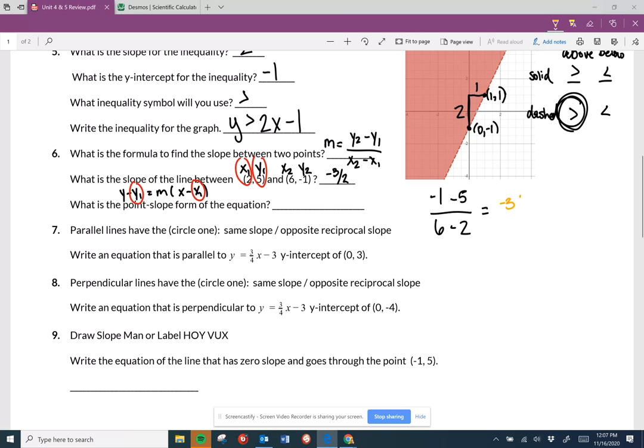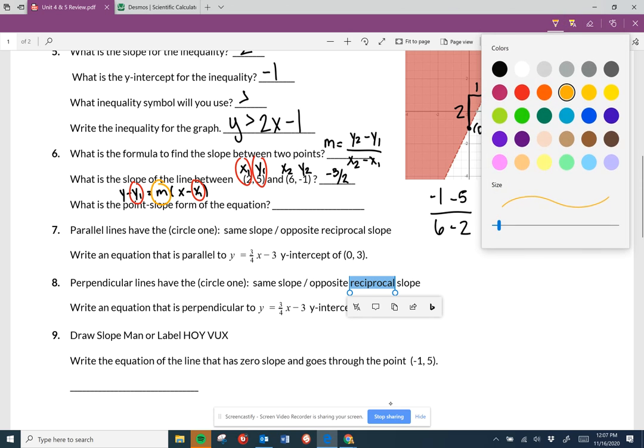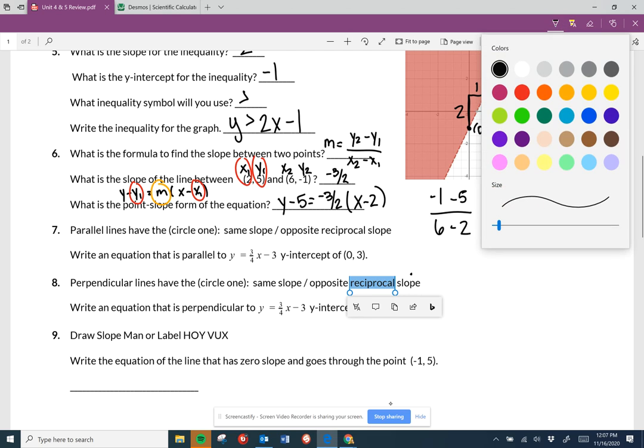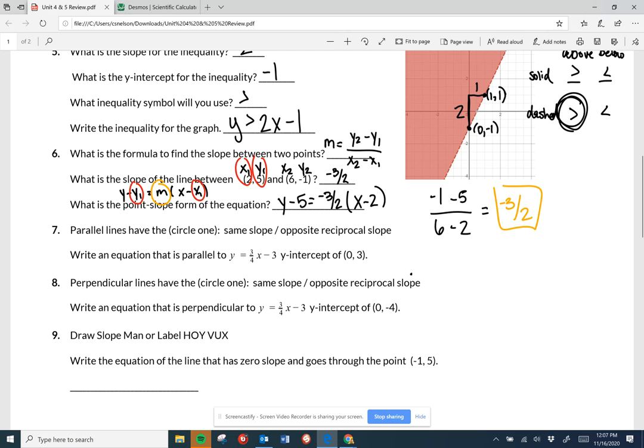That equaled -3 over 2, and that's what we're going to have for our m, all right? So we can go ahead now and just substitute those values in. Y minus 5 equals -3 over 2 times x minus 2. And don't forget, if you do end up having a negative number, a minus a negative simplifies to a plus, okay? So just in case you forget about that, all right?